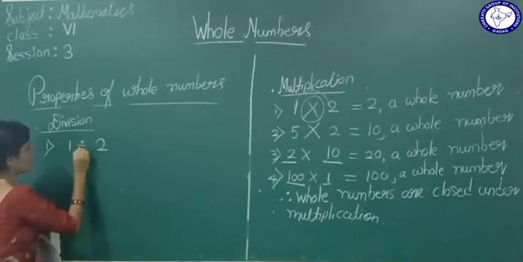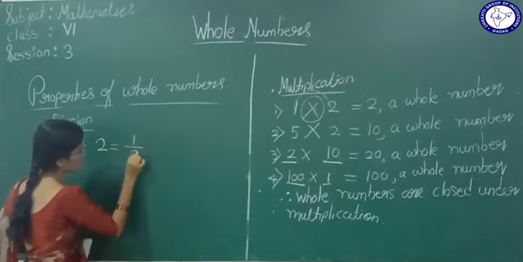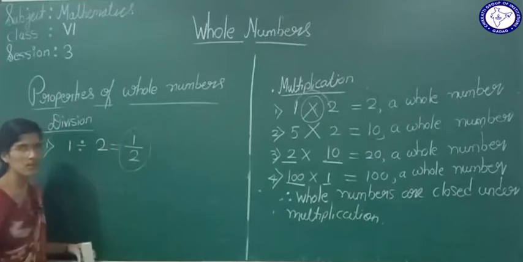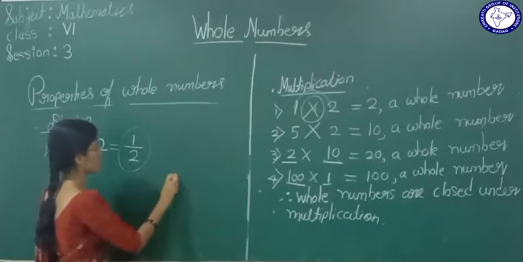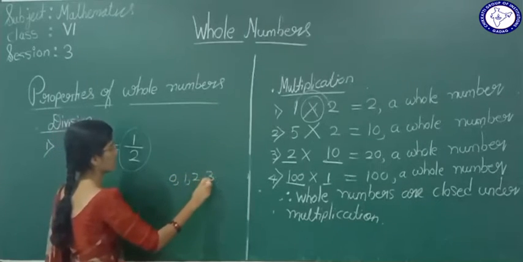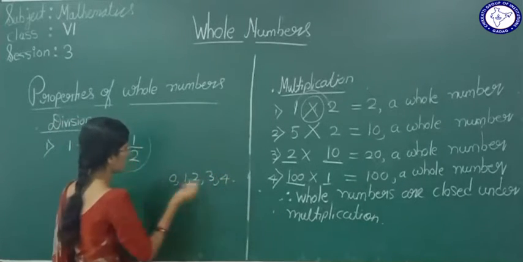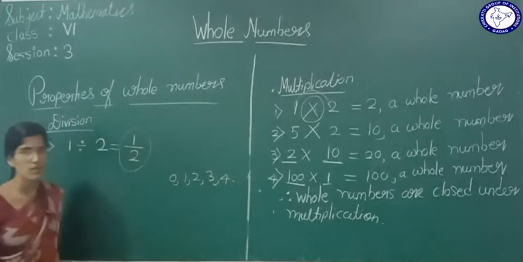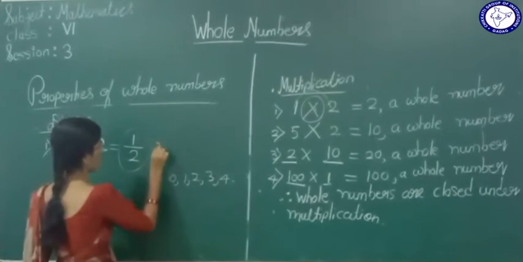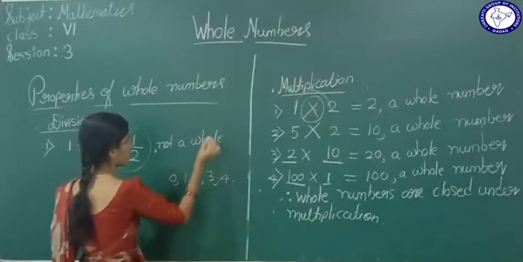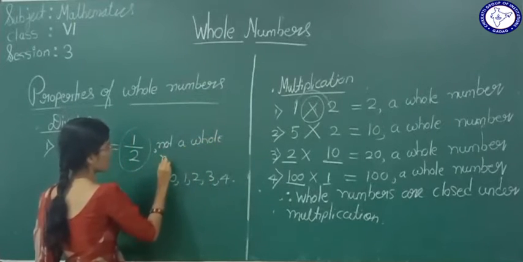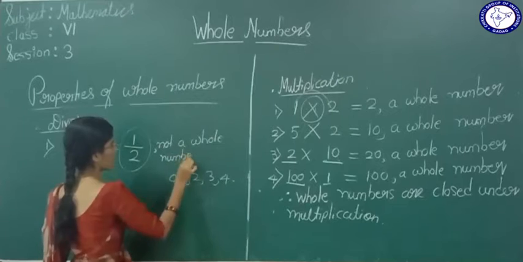What is 1 divided by 2? Is 1 divided by 2 a whole number? Whole numbers start from 0, 1, 2, 3, 4, and so on. Is 1 divided by 2 a whole number? No. Yes or no? Not a whole number.